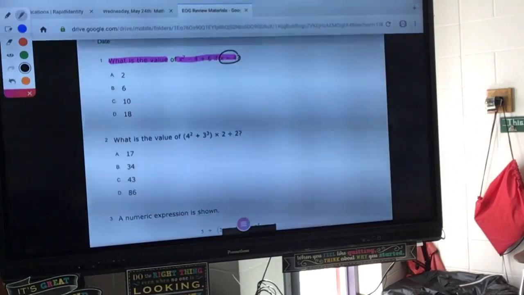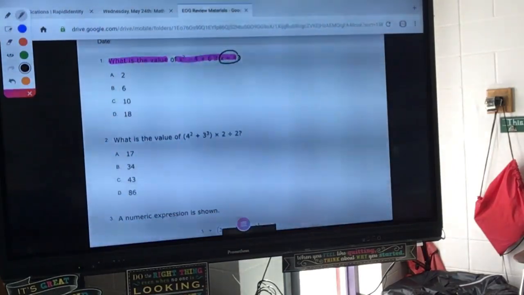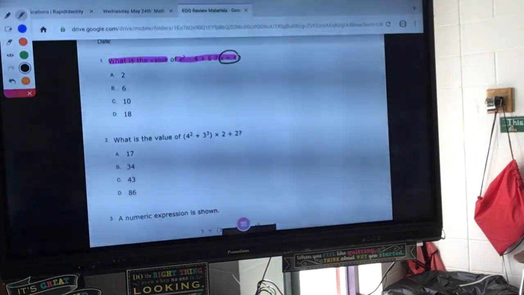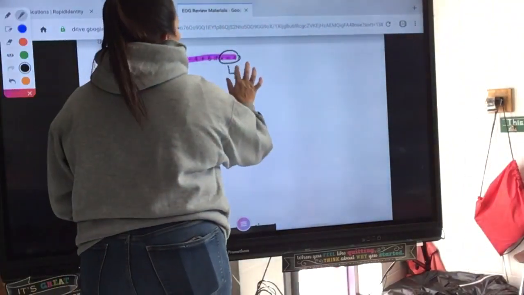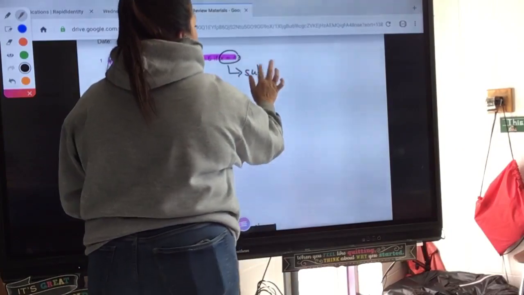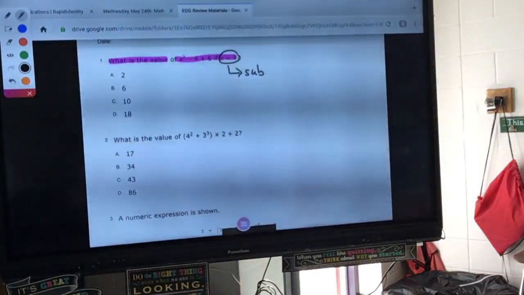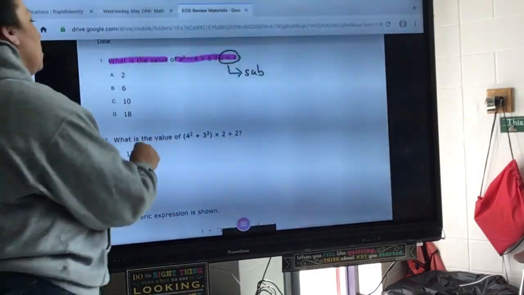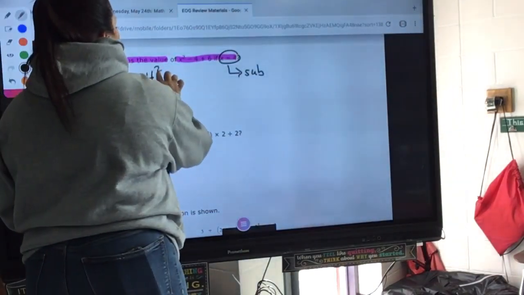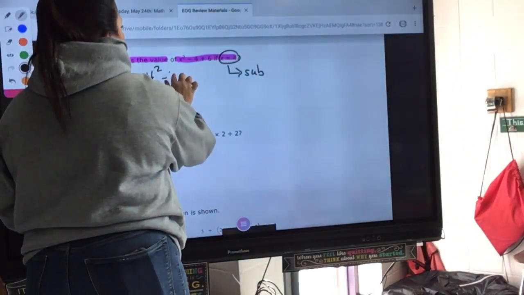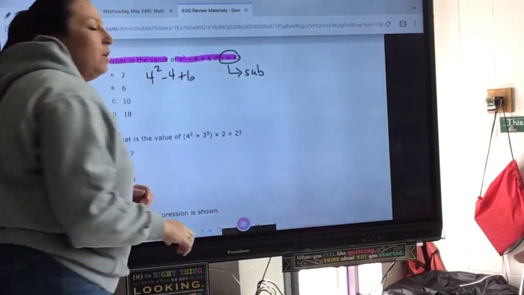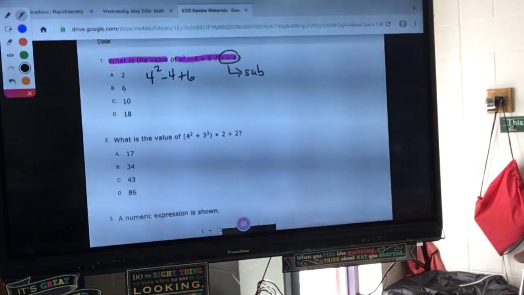Troy? Okay, hold on, one step at a time. So we have to substitute this in, right? If it gives you the value of your variable, substitute it in and rewrite your problem. So then, you said we have 4 squared minus 4 plus 6, Troy? And then what type of problem does this become?